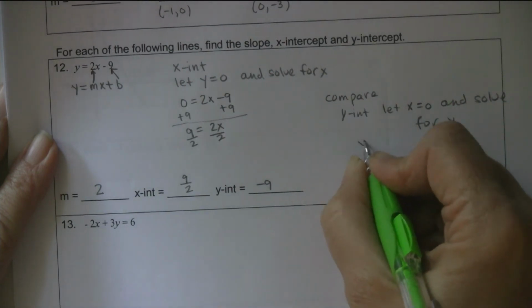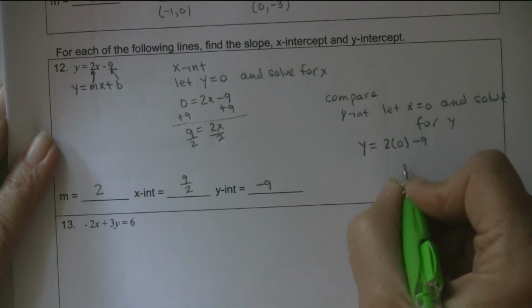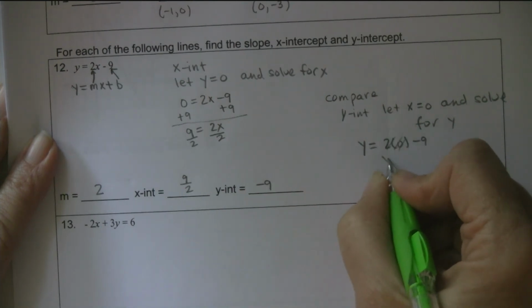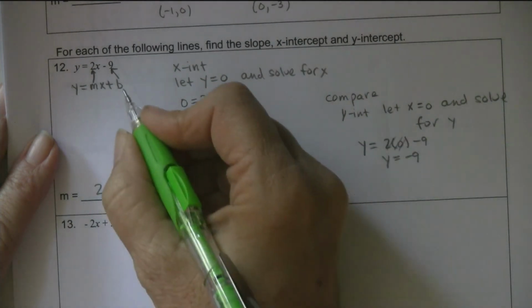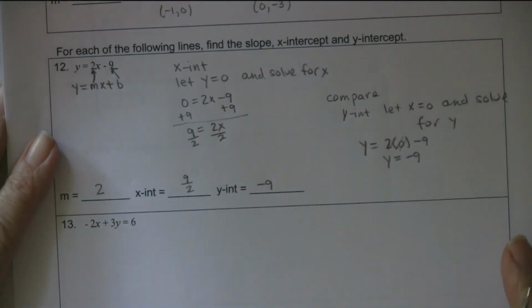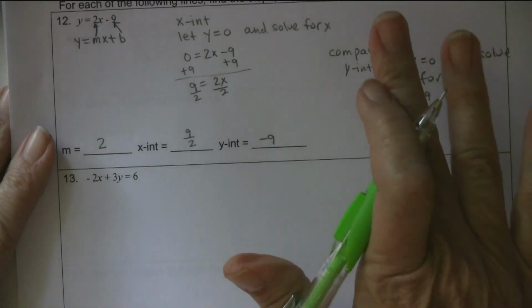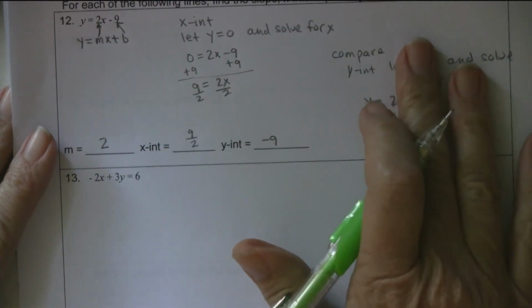And you do. y equals 2 times 0 minus 9. You let it be 0. And so now I don't have any work to do to solve for y. I get negative 9. So that's the reason it's that, because when x is 0, then it's negative 9. And so it is a shortcut when people tell me, oh, it's just that. It's a shortcut of this.